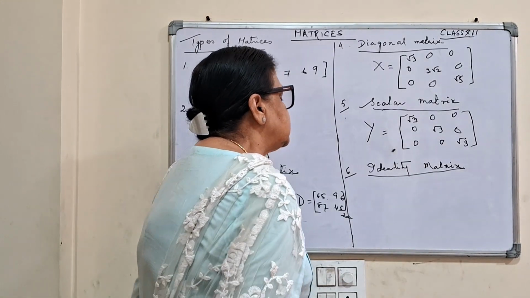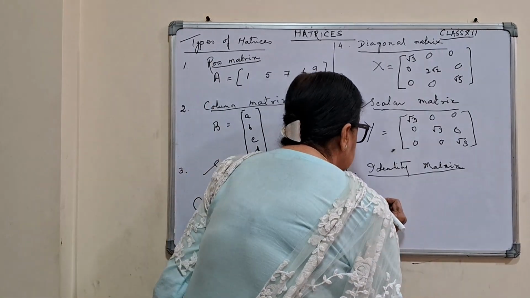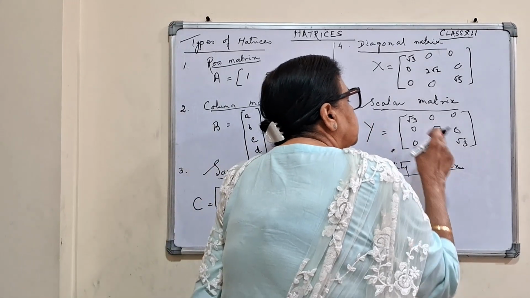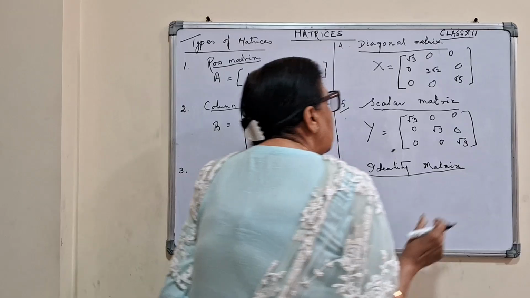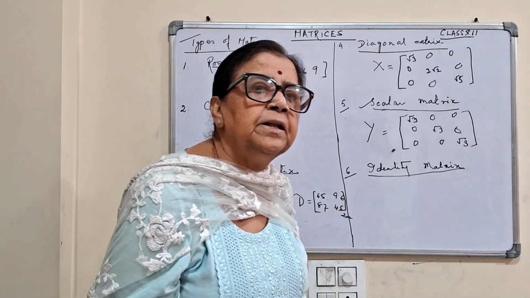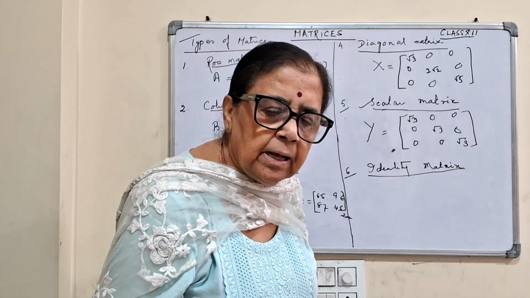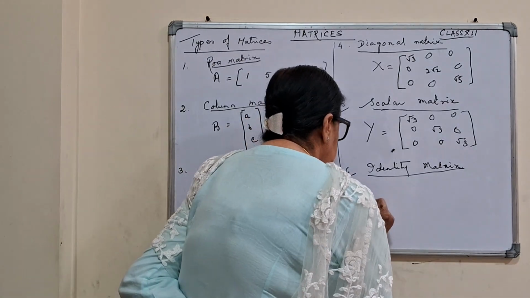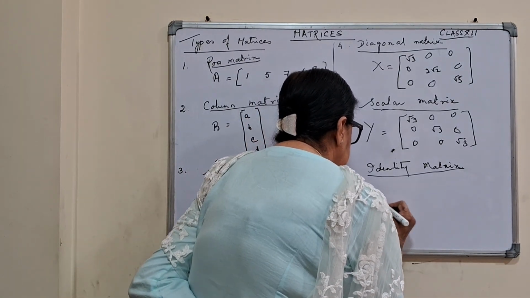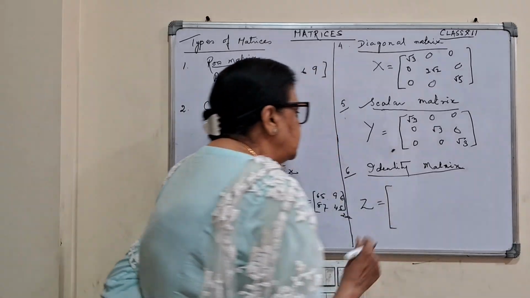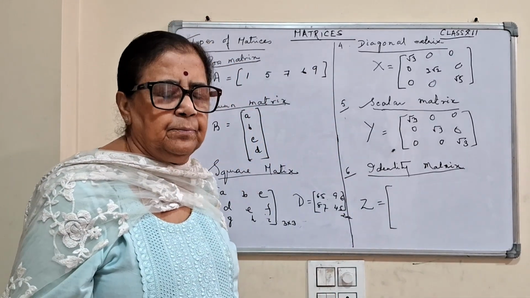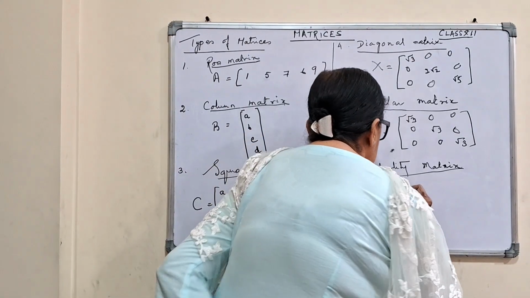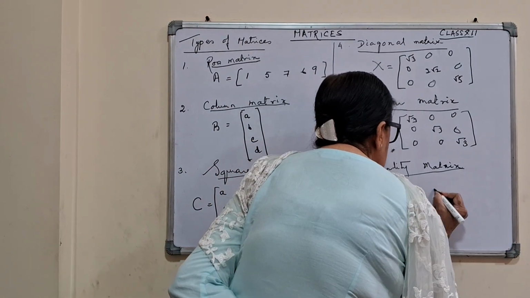in an identity matrix, all diagonal elements are 1. This is 3 into 3; the number of rows and columns are equal because it is a square. I am giving all capital letters different names so that I don't repeat, though you can repeat also, no problem. That is 1, 0, 0.